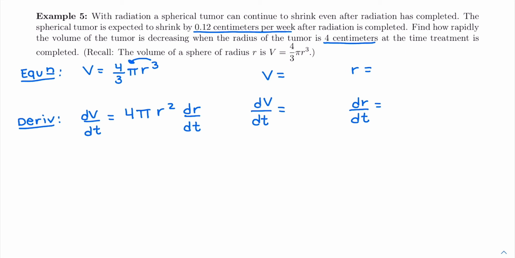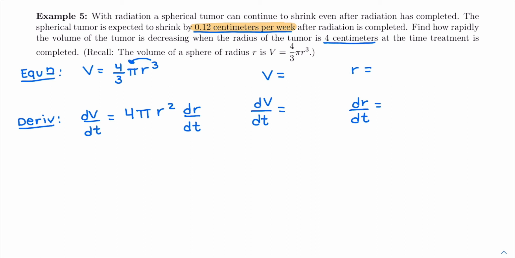So the first number we're given is that the spherical tumor is expected to shrink by 0.12 centimeters per week. We want to figure out what number that is. It's definitely not going to be V or r, right? Because it's a rate of change.